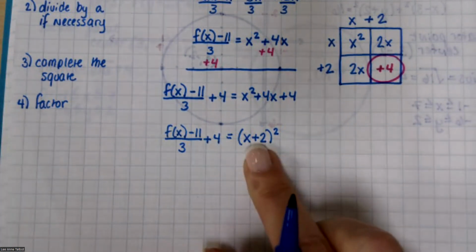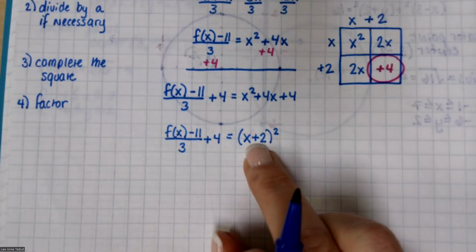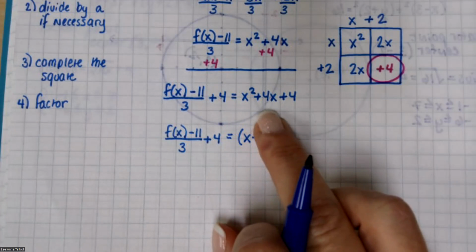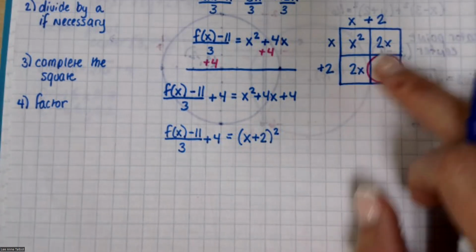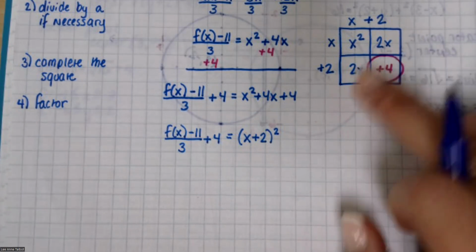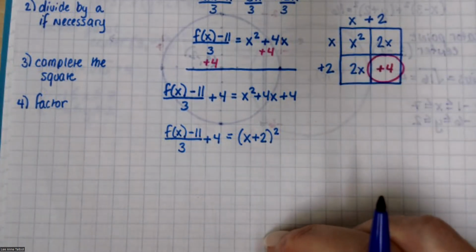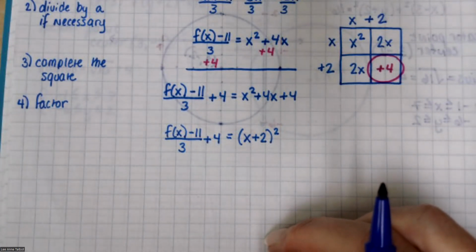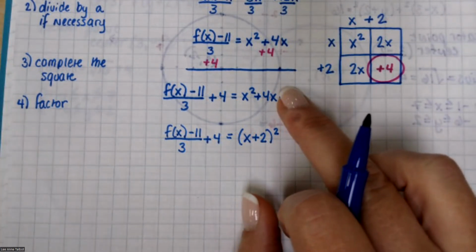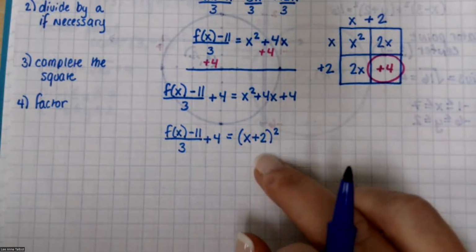Do you all see where the x plus 2 squared came from? Are you nervous about where the 4x went? It's there. I want to take the square root, and I can't take the square root unless it's a perfect square.